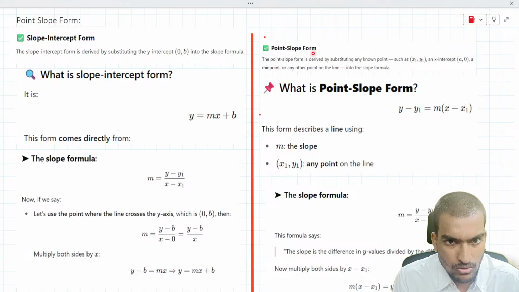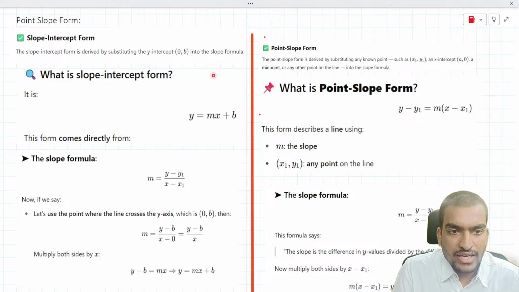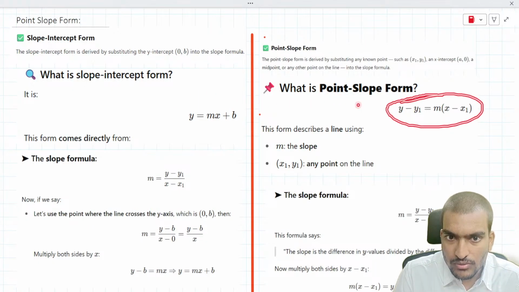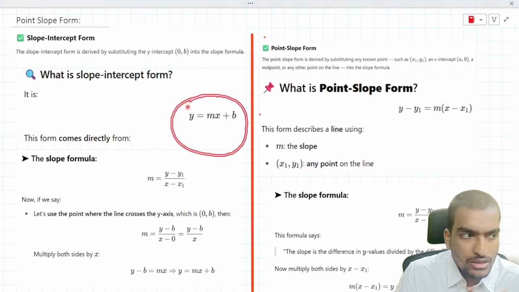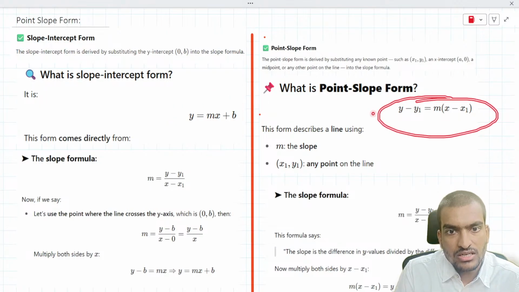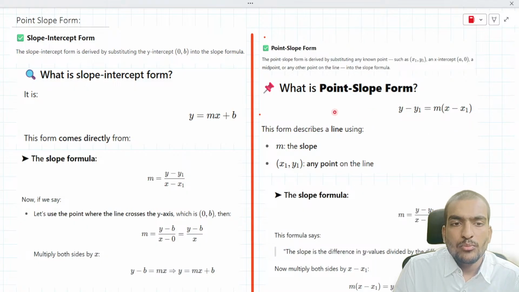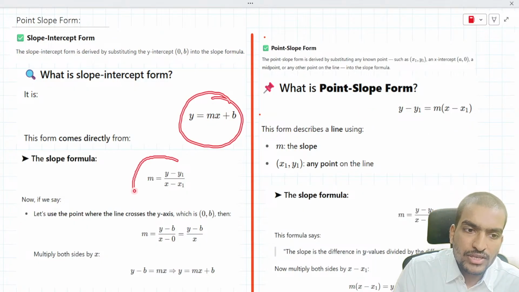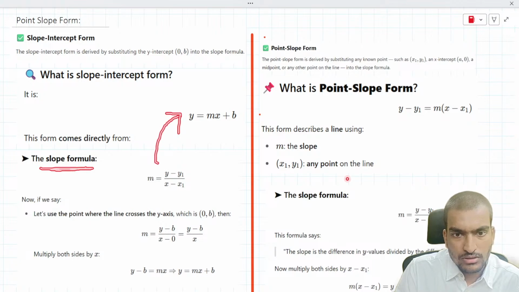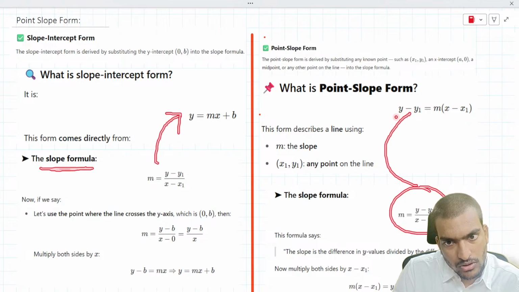What does this corollary mean? We got this equation and we got this equation, and we are calling this equation slope-intercept form, and we are calling this equation point-slope form. Both are derived from the same formula, slope. From the slope formula only we got this equation, and from the slope formula only we got this equation as well.